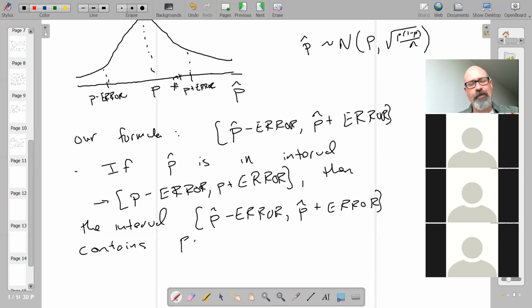And that's just because geometrically, if P is here and that error are the same, then we can cover P with the interval because the error extends to contain P, and that's true also on the left.